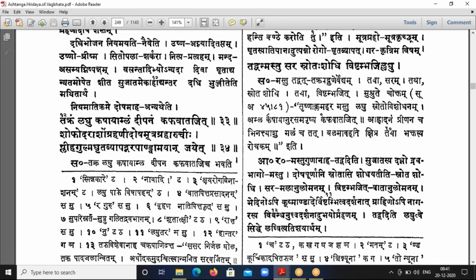Fine. There are many other things which can be explained regarding the takram, but I think you will have many other jobs on this weekend, so I will not prolong the session. Whatever is left over regarding the takram, we will find it once again in our next session. I think takram is to be discussed in detail because takram is supposed to be among the best dairy or milk products that can be used in a very positive manner in the present era.